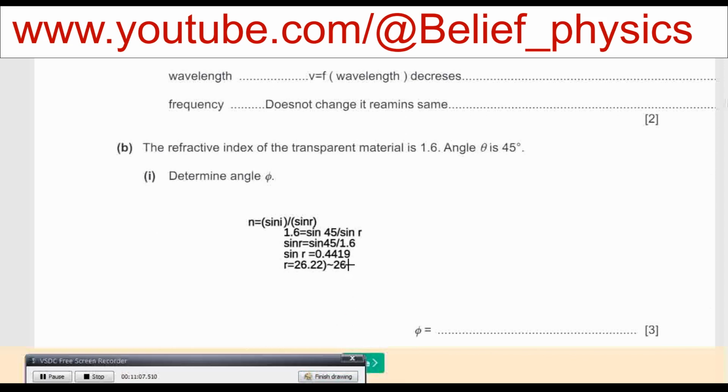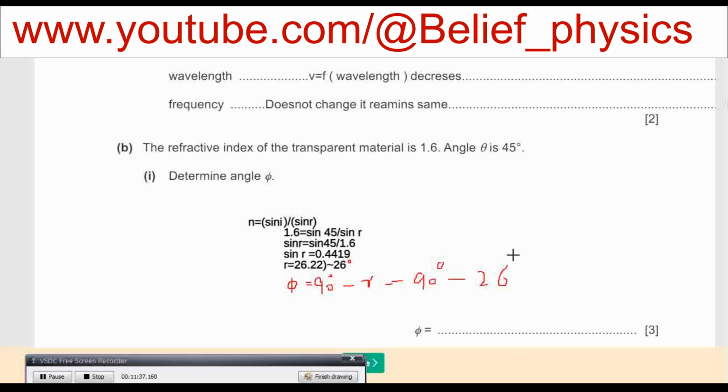We just found that phi is equal to 90 degrees minus r. So this will be equal to 90 degrees minus 26.